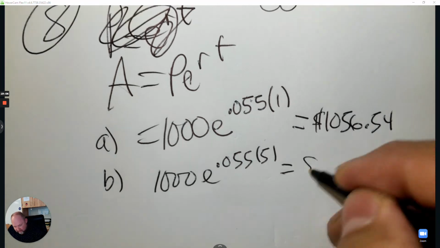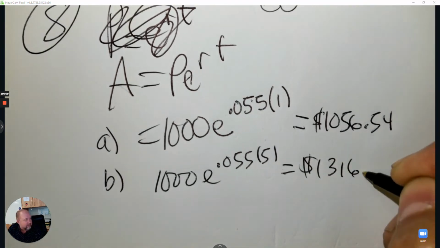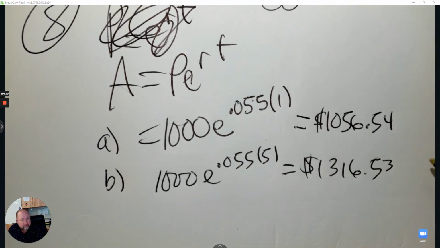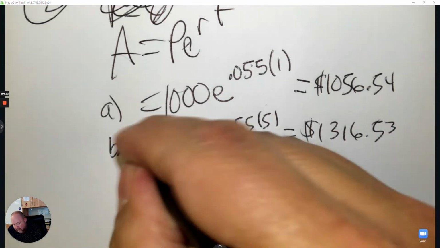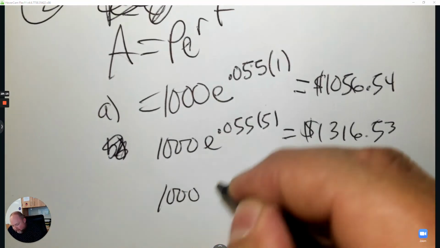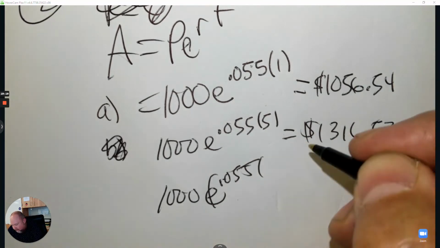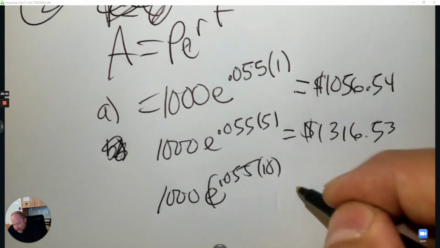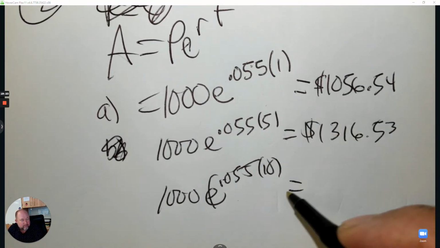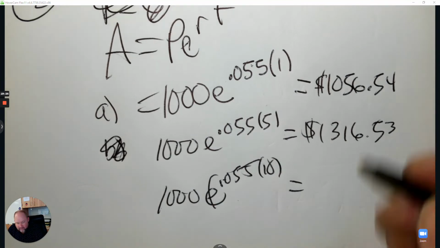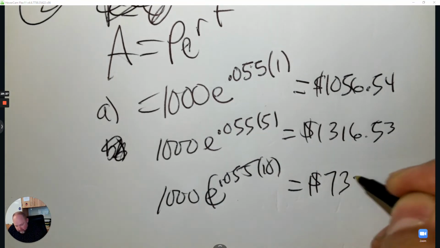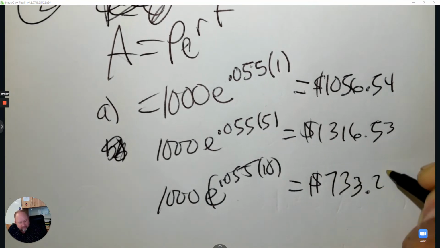That's $1,316.53. Use your calculator. This is all part A. 1,000 e to the 0.055, and now the time is 10 years. So keep replacing t with what these numbers are, and that's $1,733.25.